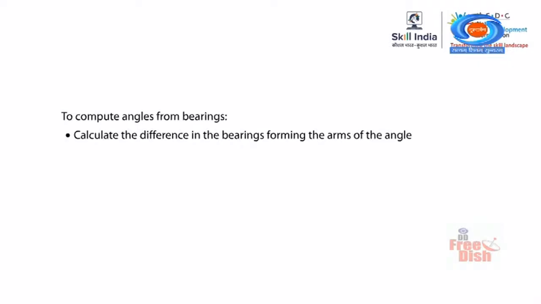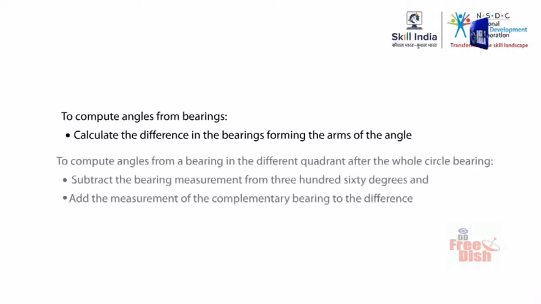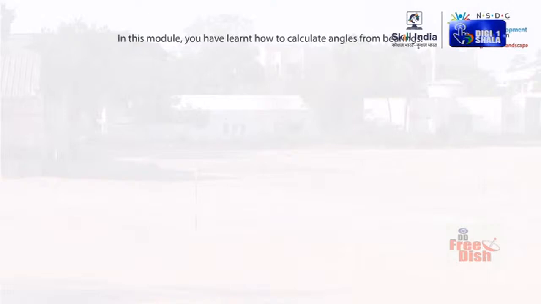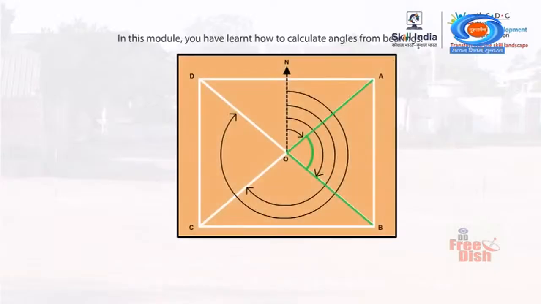So remember, this is the procedure for computation of angles from bearings. In this module, you have learnt how to calculate angles from bearings. To calculate angles from bearings, calculate the difference in the bearings forming the arms of the angle.